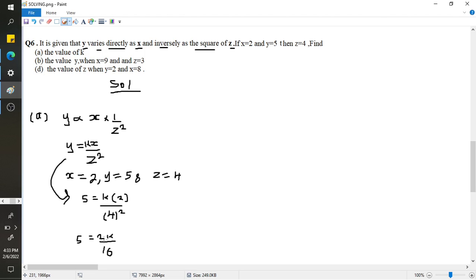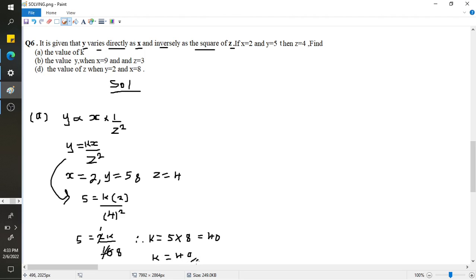We know that 2 into 16 gives us 8, and 2 into 2 is 1. So k is equal to 5 multiplied by 8, which gives us 40. Hence k is equal to 40.